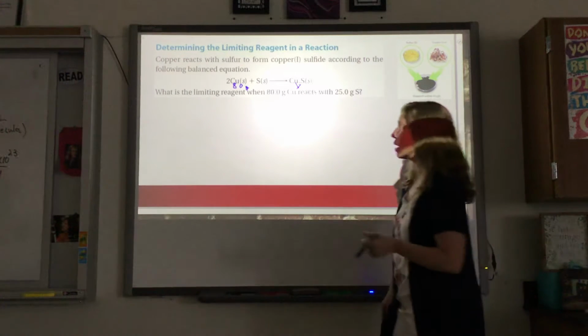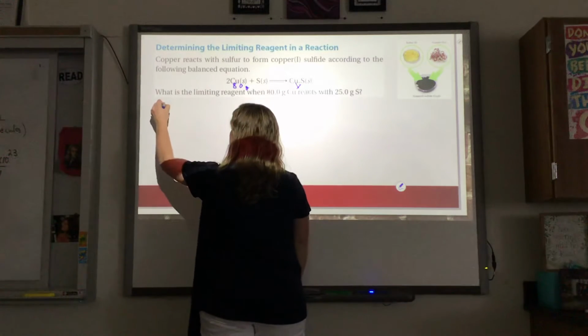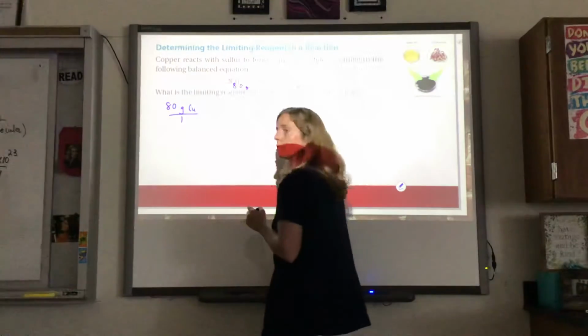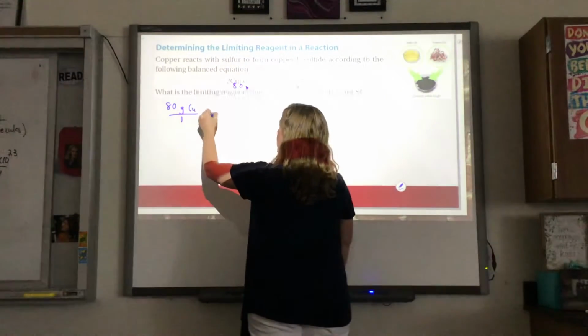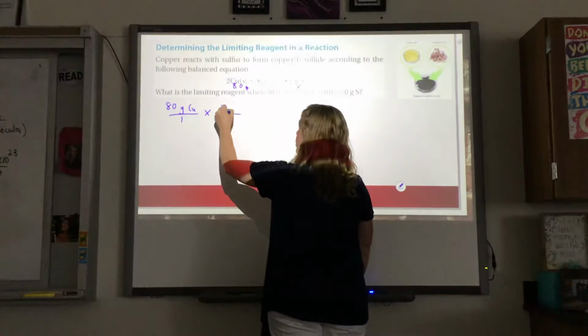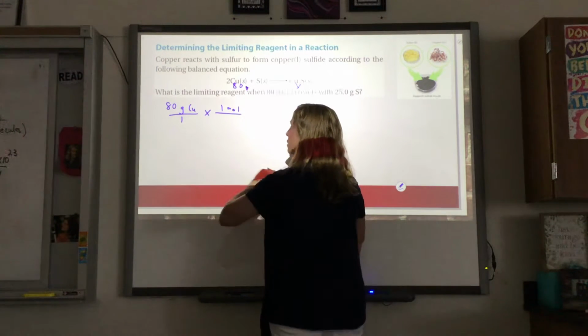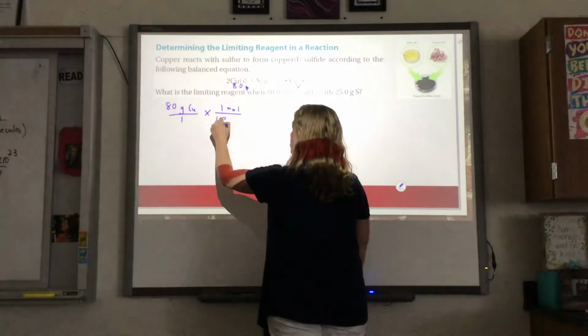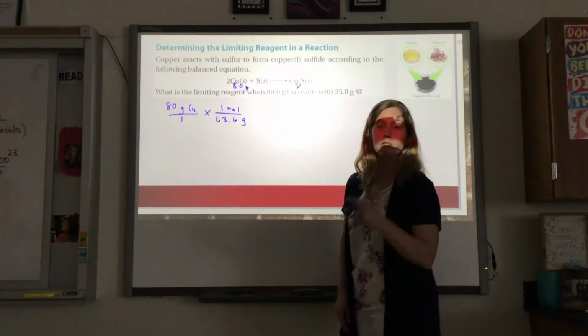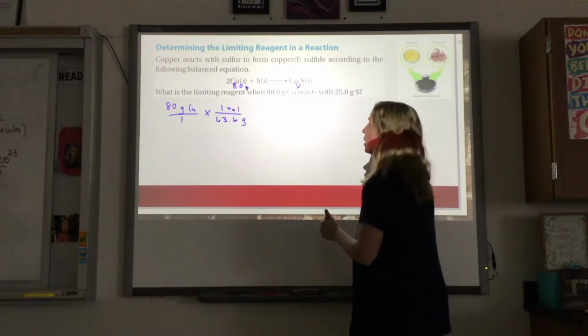So I'm going to start this out like a mass-mass problem. I'm going to start out with 80 grams of copper over 1. And then I'm going to put 1 mole at the top because I've got to convert into moles. And I'm going to put the molar mass of copper, which is 63.6 grams of copper. That's the atomic mass of copper.